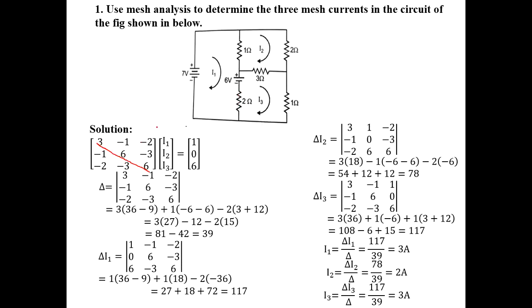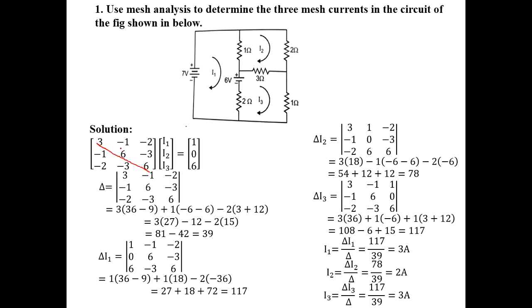Next, A22: consider the second loop, 1 plus 3 plus 2, the value is 6. Then the third loop, A33: consider the third loop alone, 3 plus 1 plus 2, the value is 6. We have completed the diagonal elements.